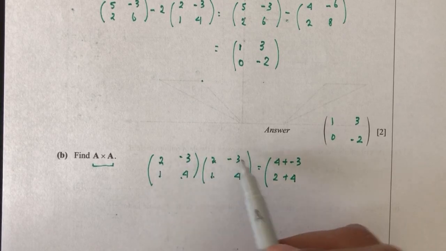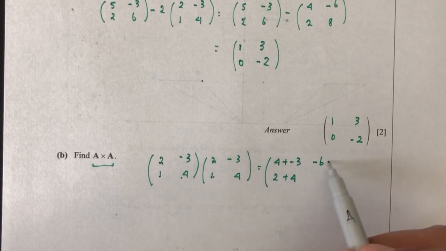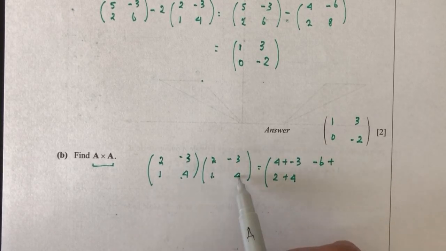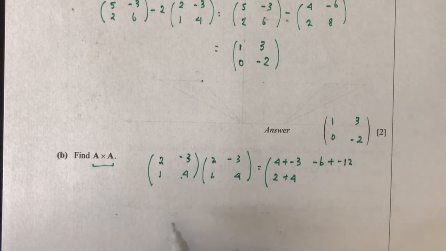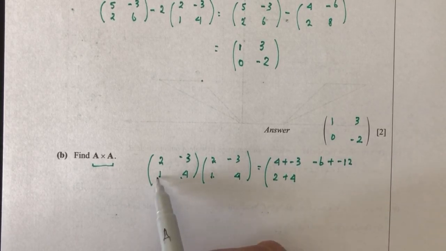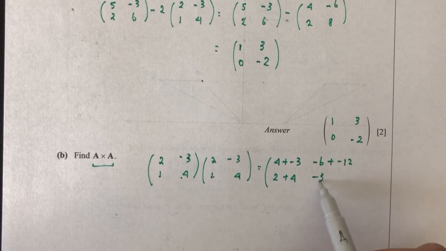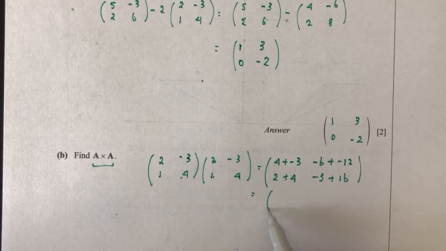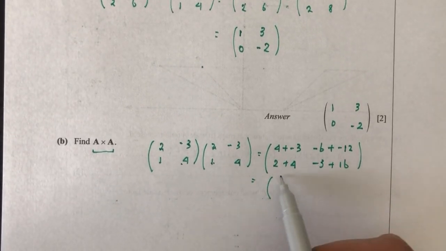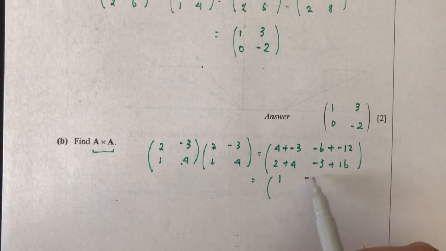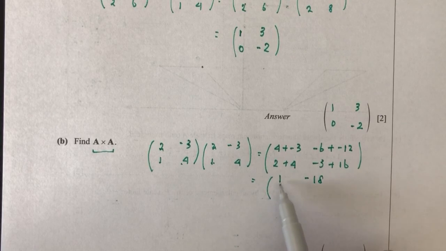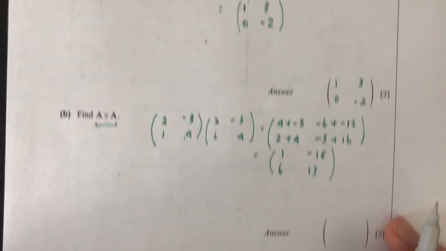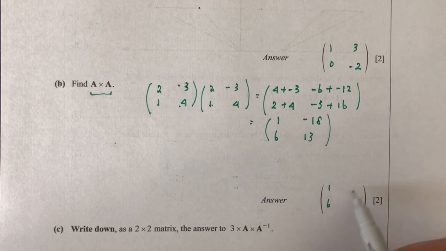So 2 times minus 3 is minus 6, plus 4 times... minus 3 times 4 will be minus 12. And this one, 1 times minus 3 is minus 3, plus 4 times 4 is 16. So 4 minus 3 will be 1, minus 18, that will be 6 and 13. So your answer is 1, 6, minus 18 and 13.